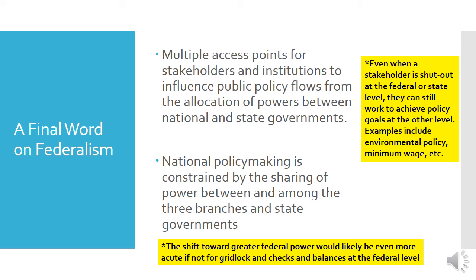Democrats and liberals who might favor more stringent environmental controls and a higher minimum wage, things like that, are currently kind of shut out of the federal government to a large extent. They do have the House of Representatives, but they're shut out of the executive branch. They don't have the Senate, so there's not a whole lot that more liberal stakeholders have as far as those environmental and minimum wage rules.